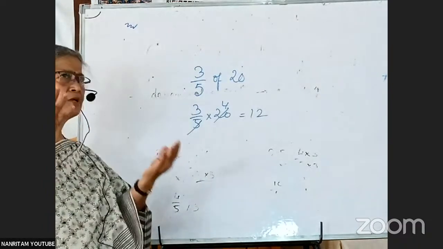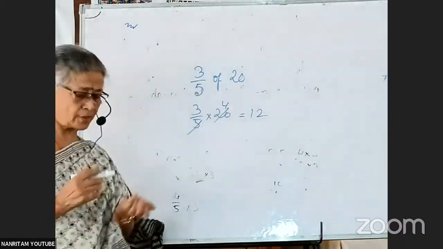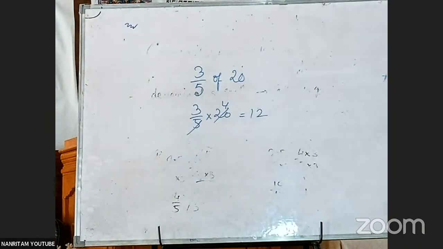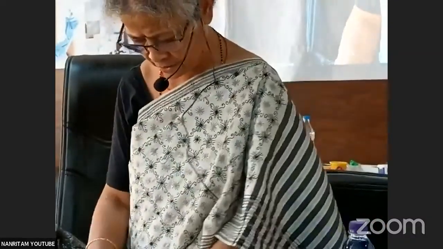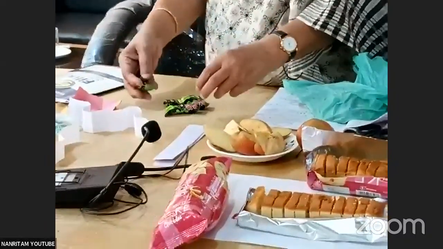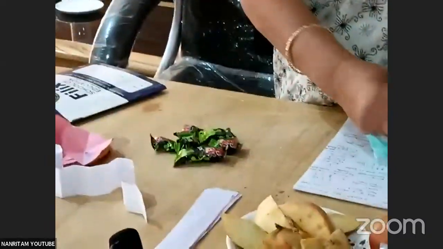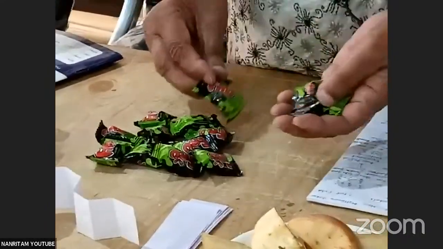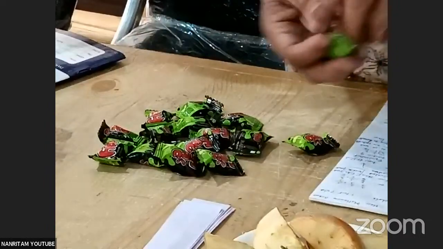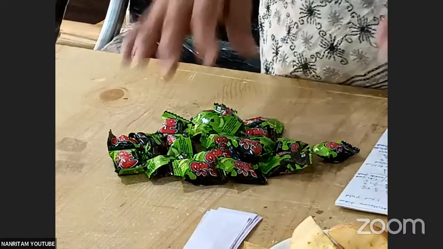Otherwise, if you take 20 objects, this is called fraction of a group, a group of 20.